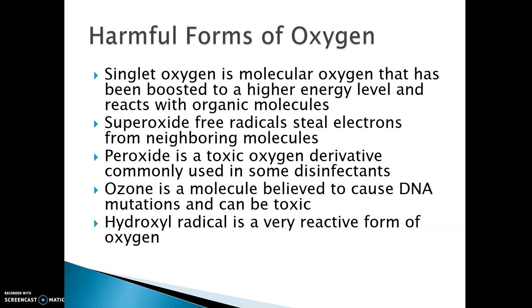And then hydroxyl radical, which is an OH, is another very reactive form of oxygen. Now, if you want to know more about these, you can absolutely read more about it in the book. The book will tell you more about the chemistry, behavior, and that kind of stuff. But like I said, the only one you really need to know for the test is peroxide.